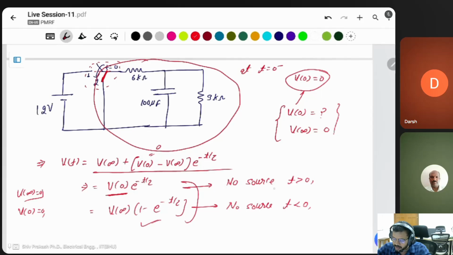If no source is there after t equals 0, simply apply the other formula. No need to check all of the things. This step will save your time in your exam.